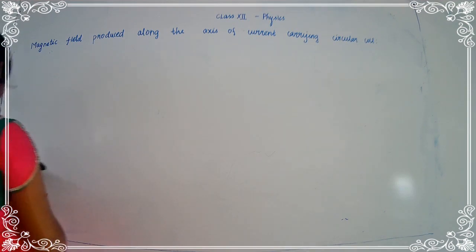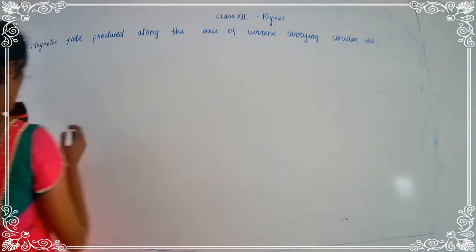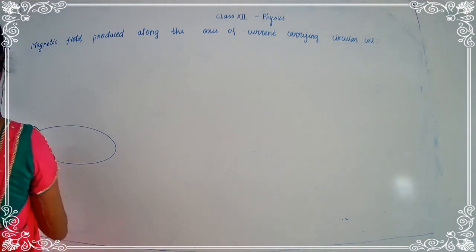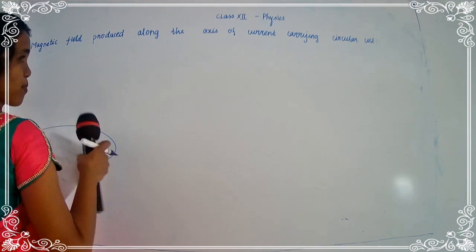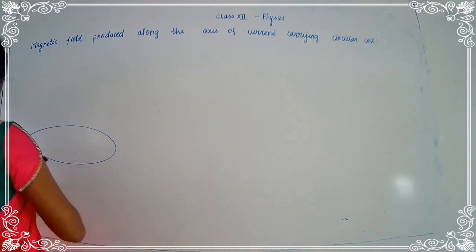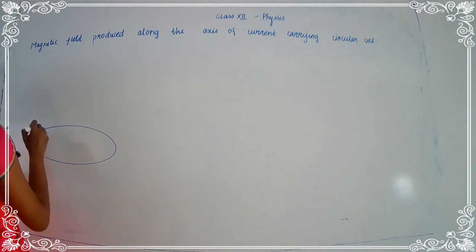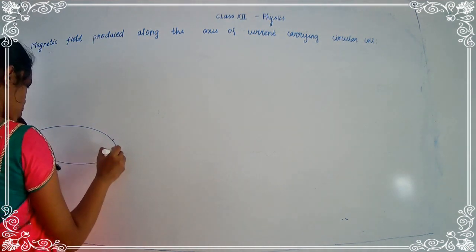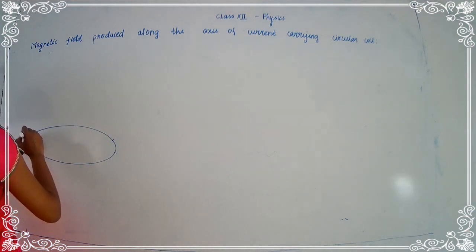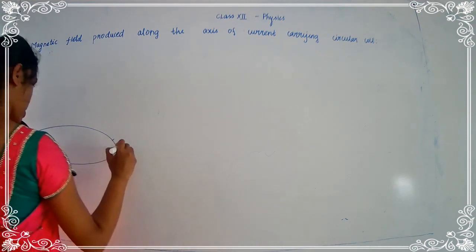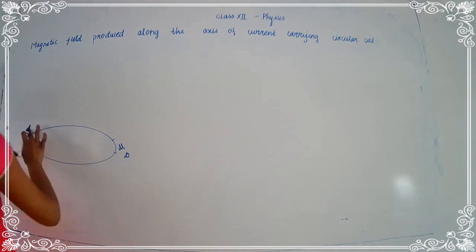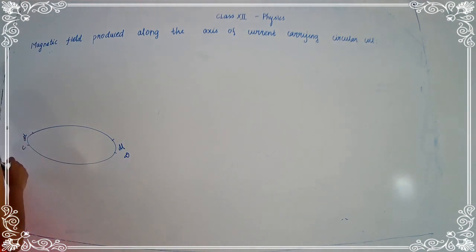Take a circular coil. Here take a small element, here also take a small element, that is dL, here also that is dL, and the points are marked as C and D. Now take a point P.